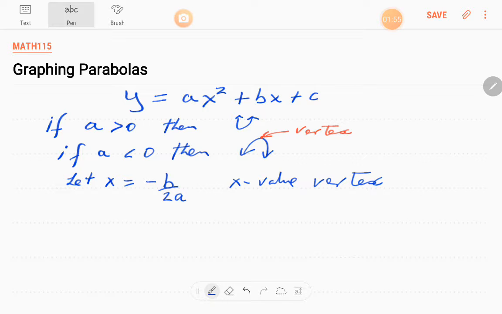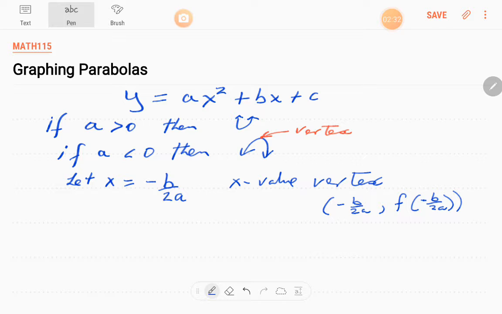Okay, so technically it could be written as minus b over 2a, f of that, substituting in to get the y value. So that's how we can get the vertex. First I will find the x value, then I would substitute it into the given function to find the y value.